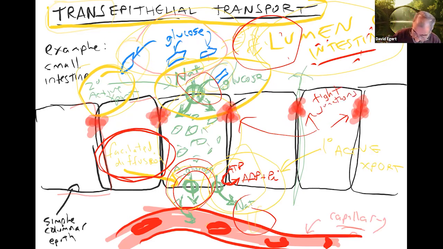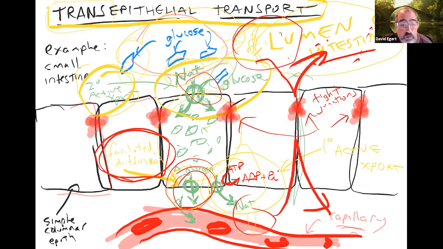That means if something is trying to move across, boom, it can't. So having the tight junctions ensures that only the things that we are intentionally moving from one side to the other through these specialized membrane proteins are moving. And even though there are all sorts of gradients and things want to move, they can only move if they're being intentionally moved.